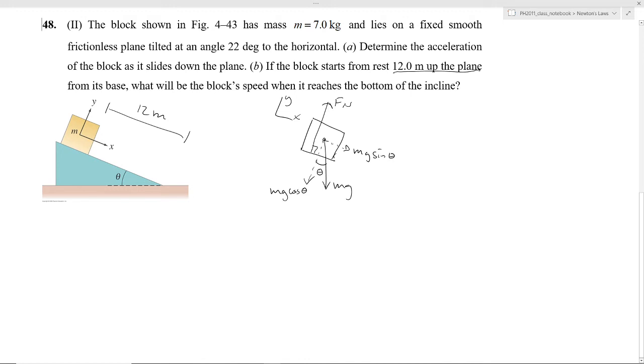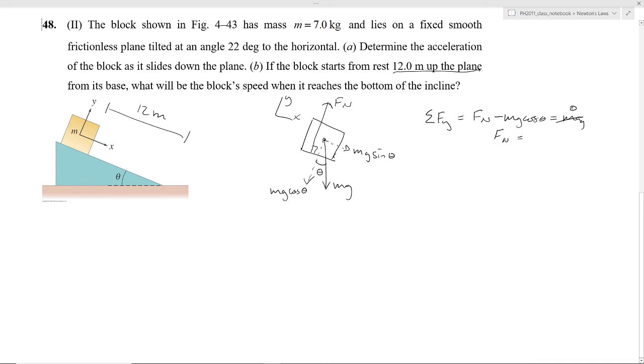Let's do our Newton's laws expressions in x and y, and that'll help us to determine the acceleration. We're not going to use it this time around, but the sum of the forces in y is the normal force minus mg cosine theta. This is going to equal the mass times the acceleration in y, but there is no acceleration.